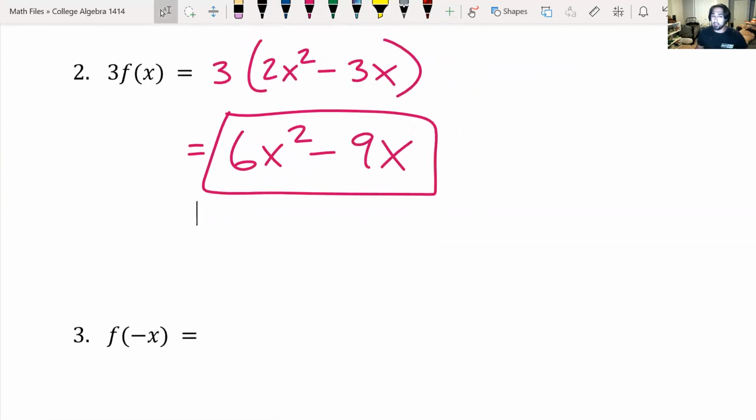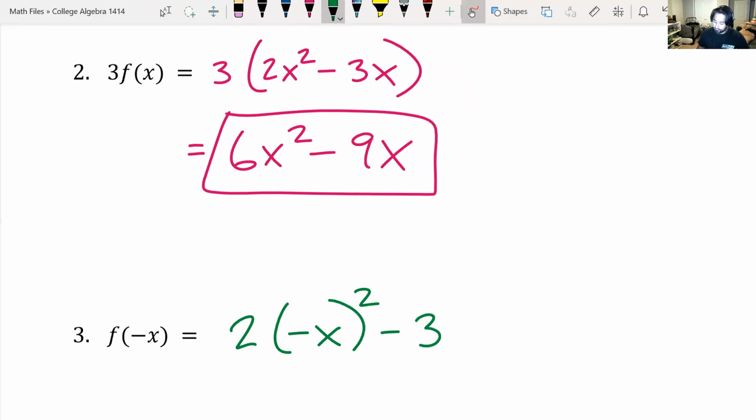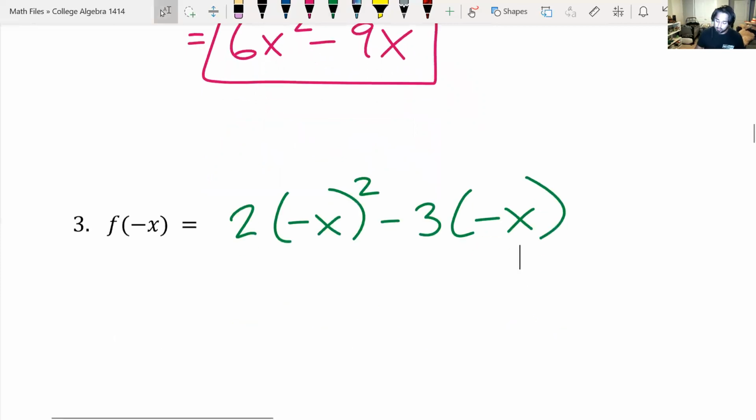Okay, the next one says take negative x and plug it in for every x into the same exact function. So we'll have 2 times negative x squared minus 3 times negative x. Okay, so this becomes 2, and negative x squared means negative x times negative x, right?